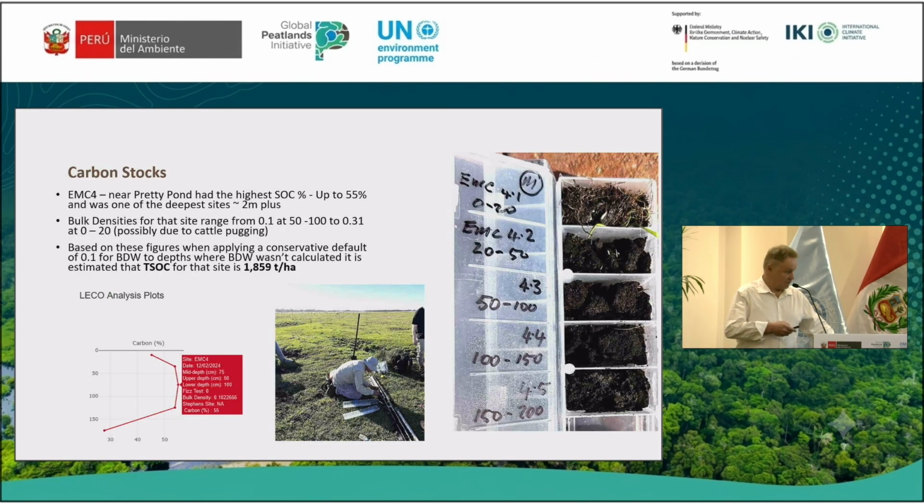So we do have some reasonable carbon stocks. I do note that somewhere in the agenda they're looking at carbon accrual rates. I can flip that on its head and talk about carbon loss rates as a result of loss of the soil profile and compaction.